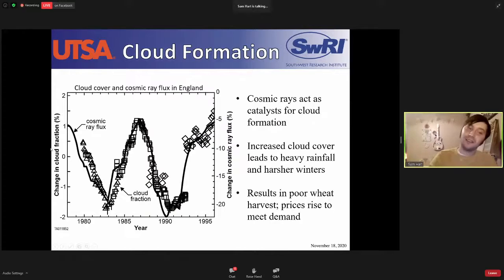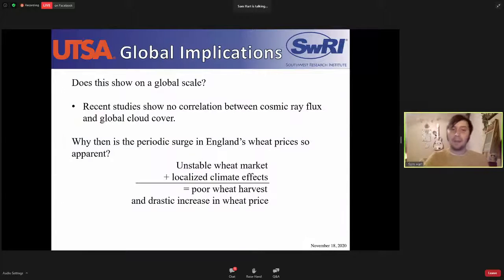As a matter of fact, if you increase your cosmic rays as much as you can, you really only see just a 1% increase in the cloud fraction, which is very small to begin with. And so we really don't even see that 1% on a global scale.